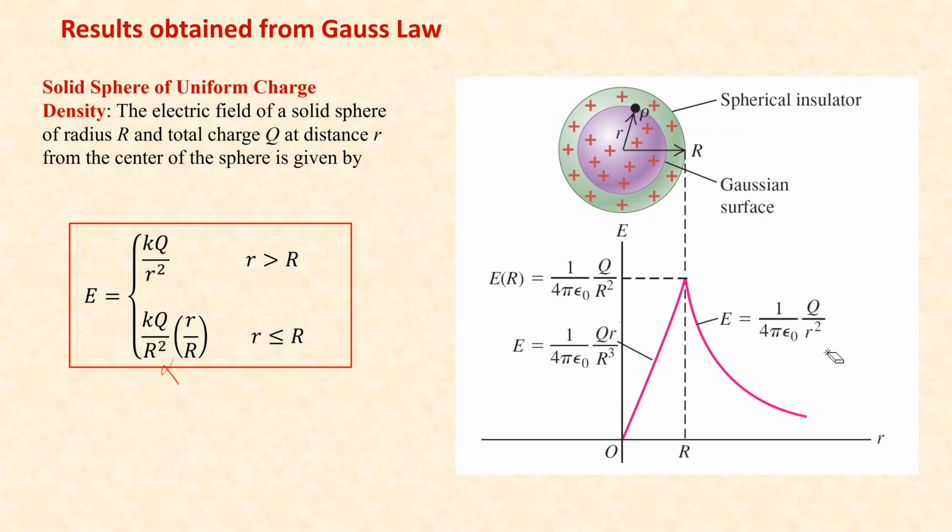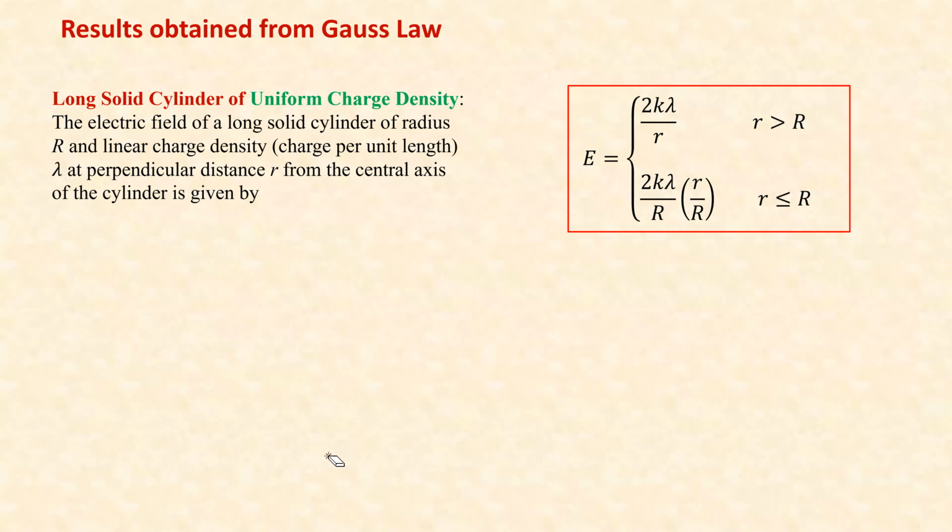All right, so this is, again, something that is hard to get from Coulomb's law, but you can get it from Gauss's law very easily. Any questions? All right, again, the same is for the cylinder.